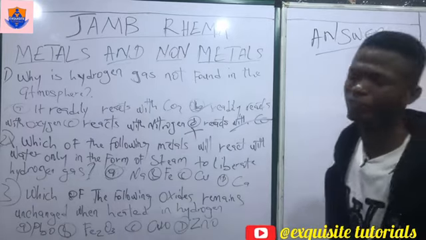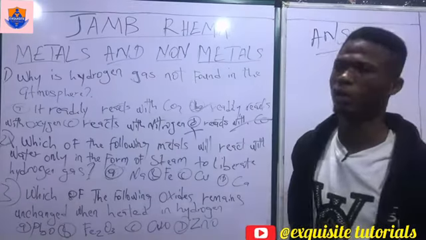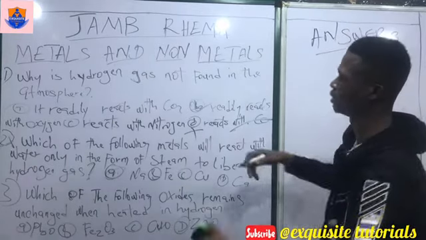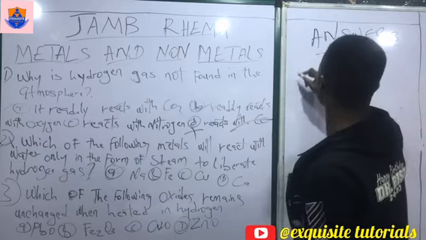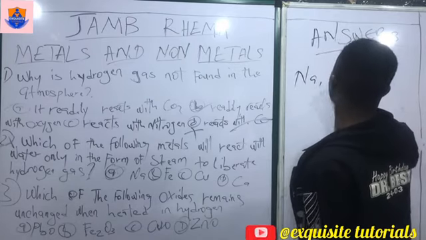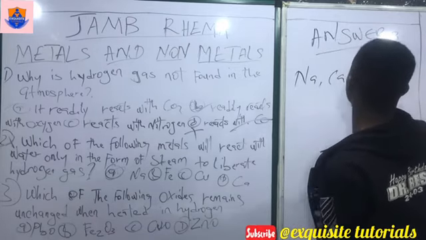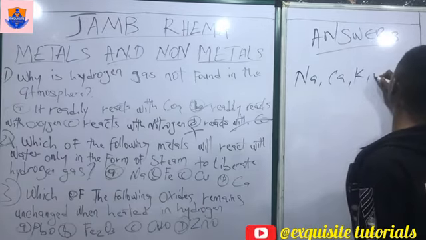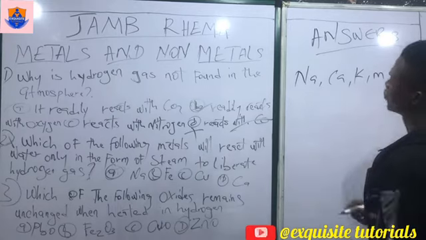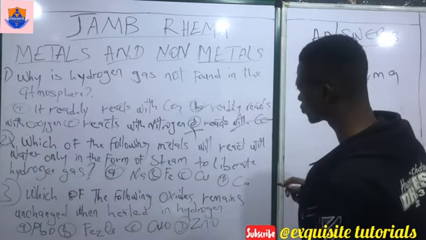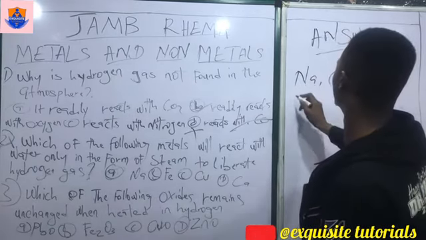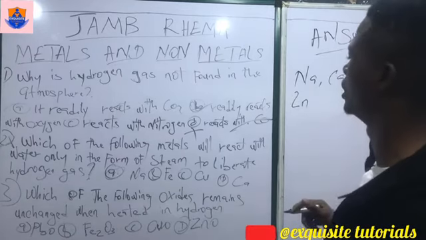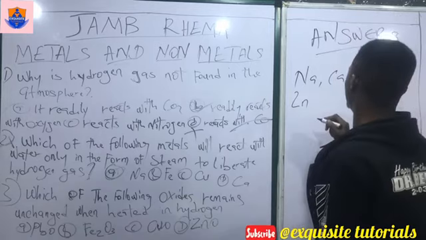In our electrochemical series, we have the order of reactions. Let's just take some metals. We have metals like sodium, calcium, potassium, magnesium. We have so many metals, and I think we have zinc.